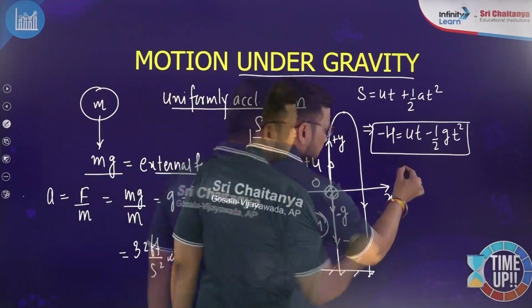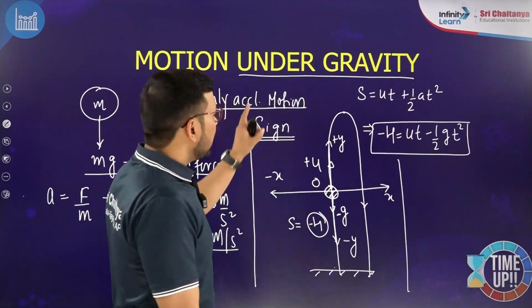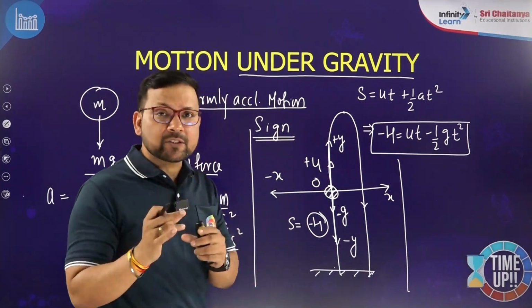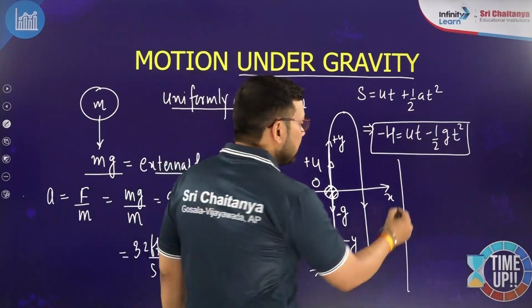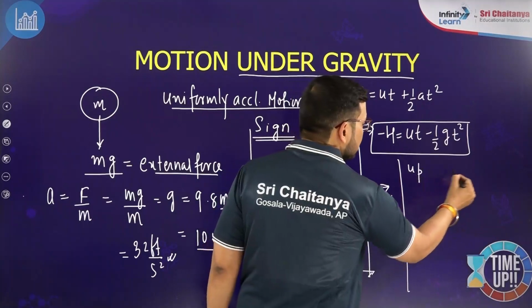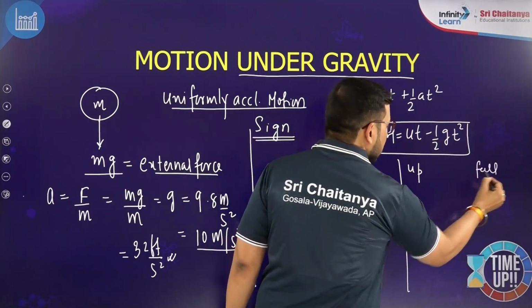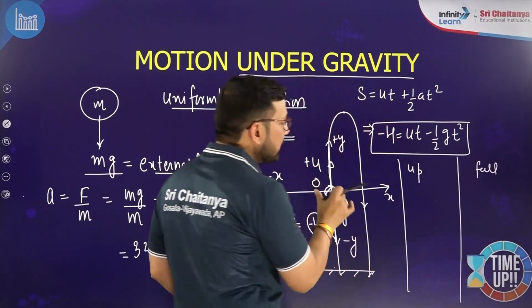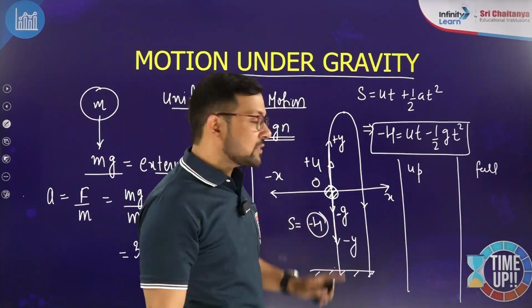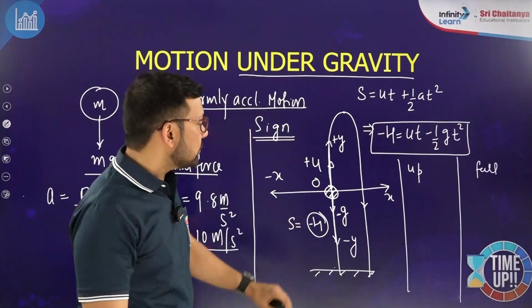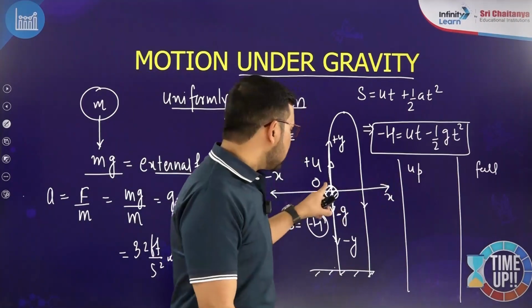Second, what I will suggest all of you, when you are going through gravity and revising this topic, always bifurcate it into two parts. One is up motion, one is fall. And try to revise gravity according to upward projection and according to fall. We will see few questions, past year also, general questions also. Up and fall, like this was up.